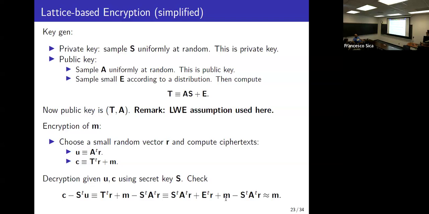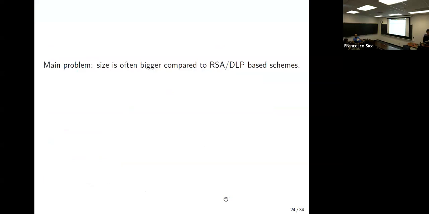Okay, interesting. So what is the main problem for that scheme that I just mentioned? If you compare this to RSA or discrete logarithm-based schemes, the main problem of lattice-based schemes is the size. The reason is in RSA or discrete logarithm, usually the ciphertext is just one or two field elements.